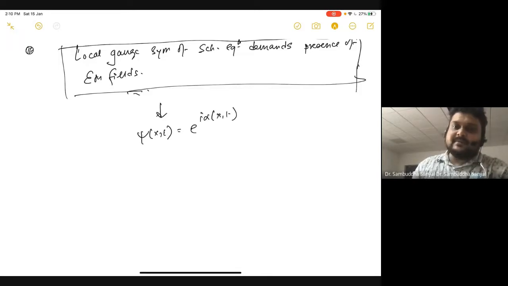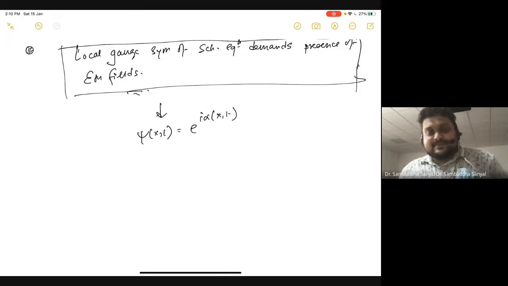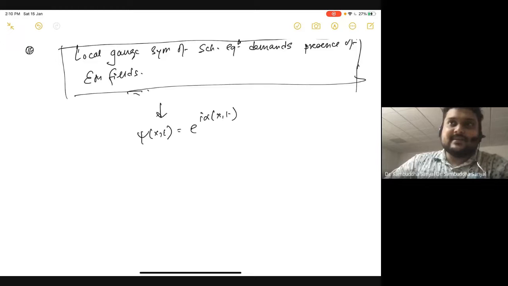At this point, I am going to make a bit of connection with other theories in physics, because this local gauge point appears again and again in physics. It's everywhere.